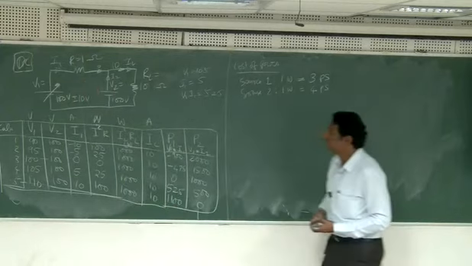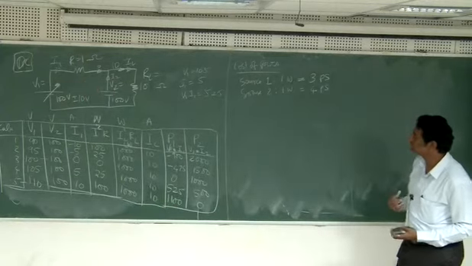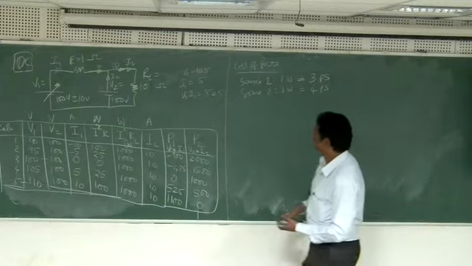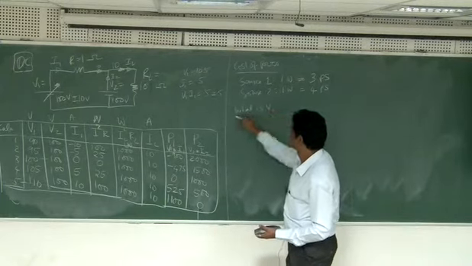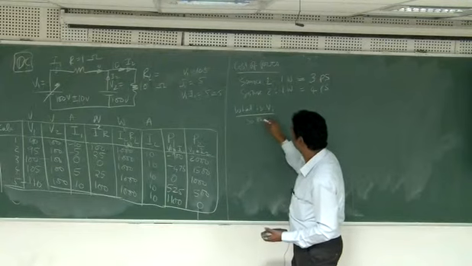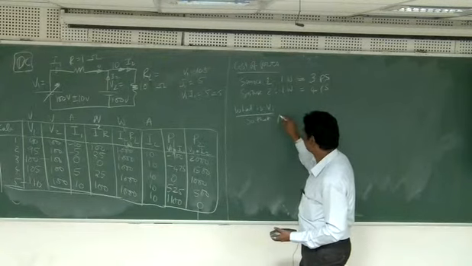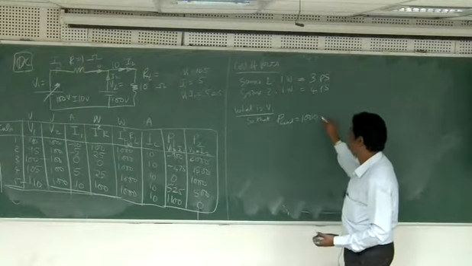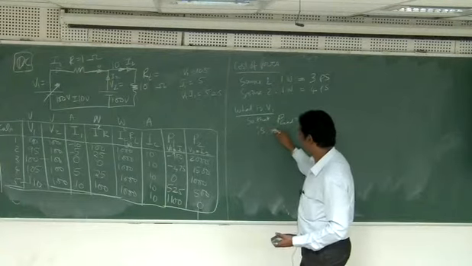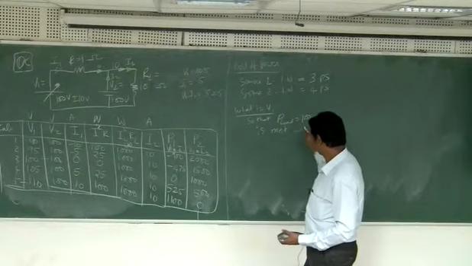So the question is, what is V1 so that the load power, P load, equal to 1000 watts is met with least cost.